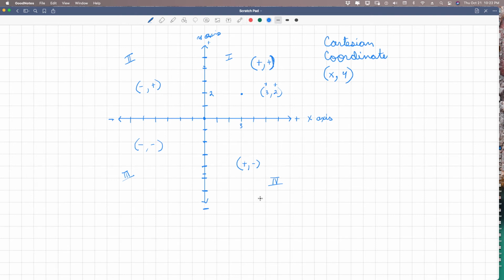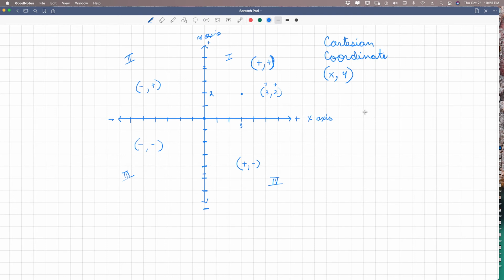There is one other thing that we need to talk about, and that is called a linear equation. A linear equation is an equation that has an x and a y variable in the equation, and both of those variables are only to the first degree.